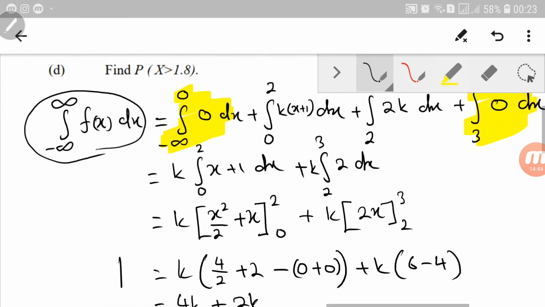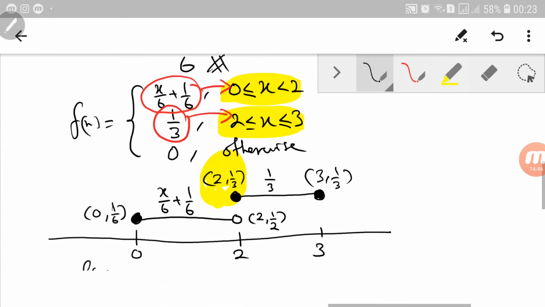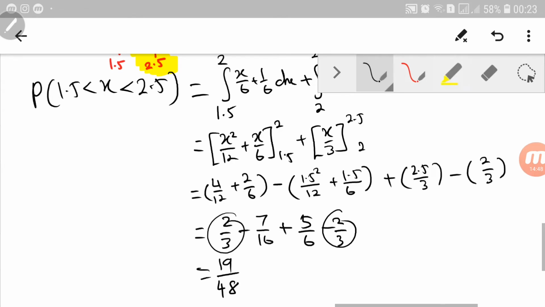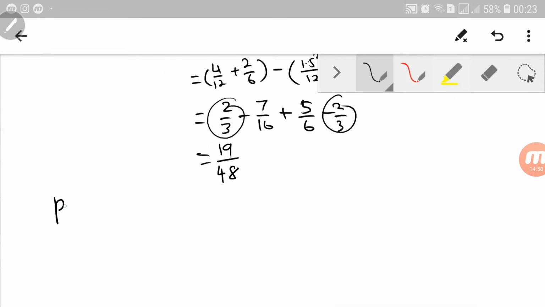Let's look at the last part of the question, finding the probability of x greater than 1.8.